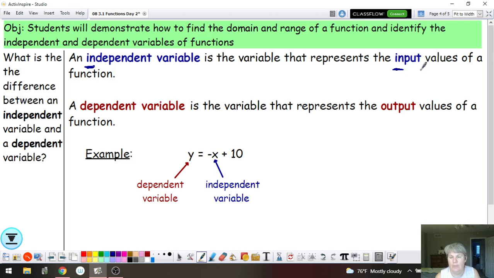And if I keep in mind that input is my x, that helps me with my equations: my independent variable is going to be my input. That means the dependent variable is going to be my output, and that output variable is y. So when we have an equation, y equals negative x plus 10, the x, that input, is your independent variable, and the y is your dependent variable.